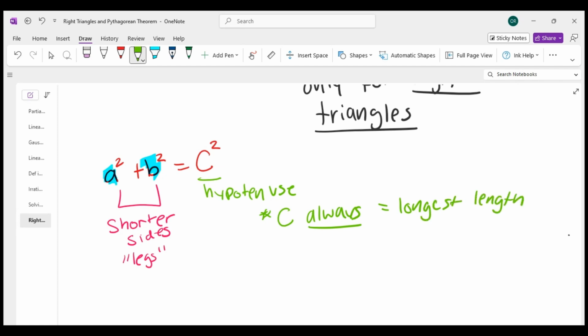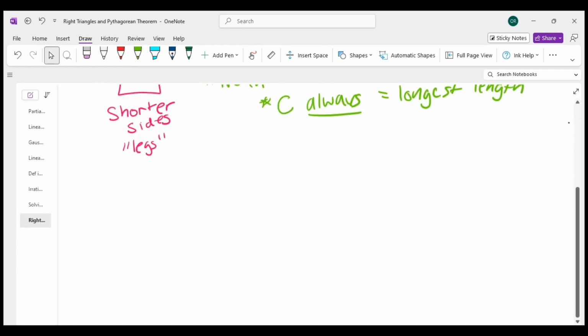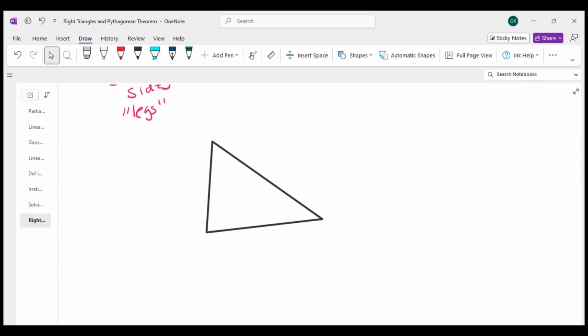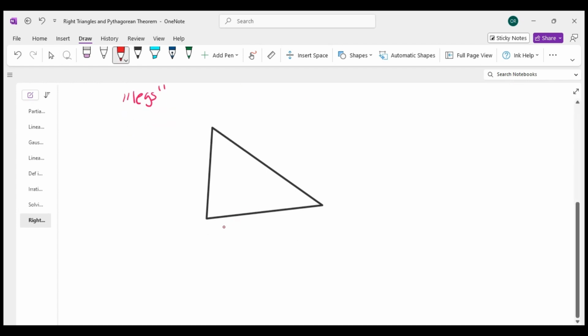So out of your a, b, and c, your a and your b both have to be smaller than c. So let's draw ourselves a right triangle really quickly. Our legs consist of these, and you'll notice how these are both shorter than this length right here, right?